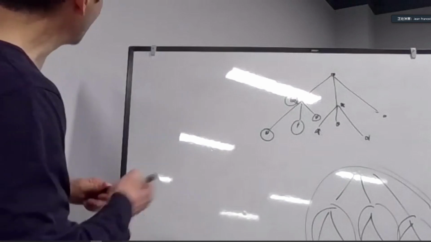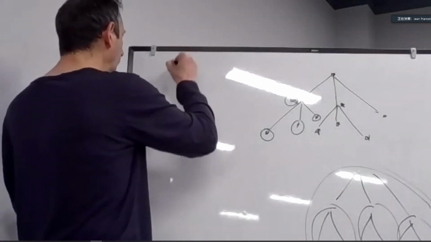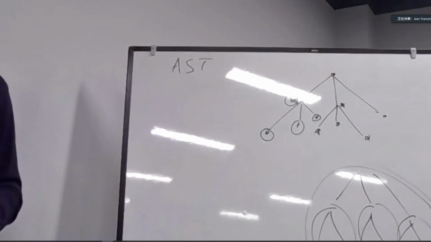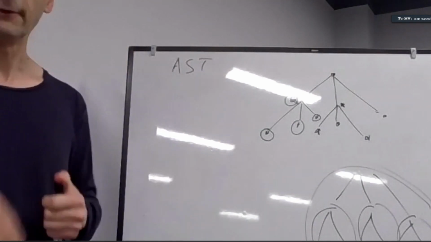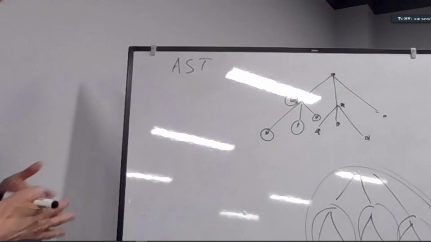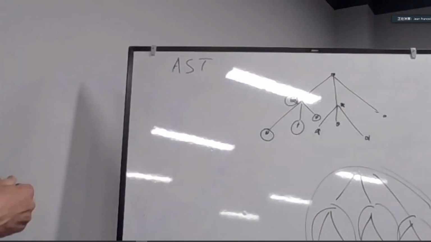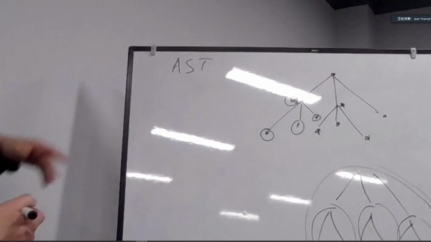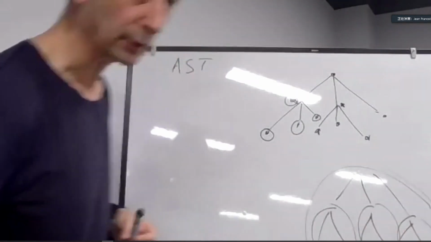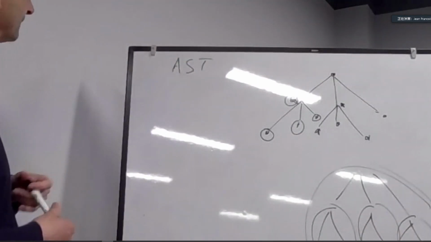Some of them are called AST, abstract syntax trees. The basic structure for reasoning on, or doing compilation of, programs, how to represent programs, we represent them using AST. I will show you some examples later.